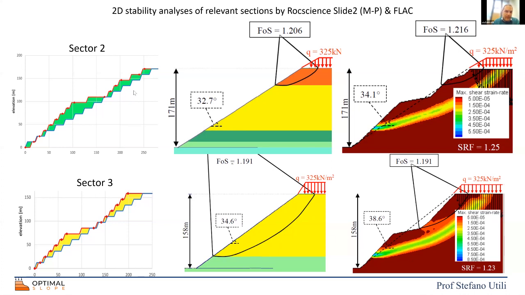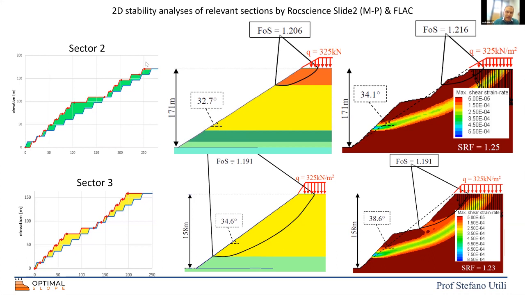Here I just want to note that in terms of the design of the benches, operationally, because clearly the question could be: okay, but how do I implement this optimal profile? I think the answer is, simply looking at this profile, you can see that in terms of the bench face inclination, the minimum berm width is the same as it is in the planar profile.